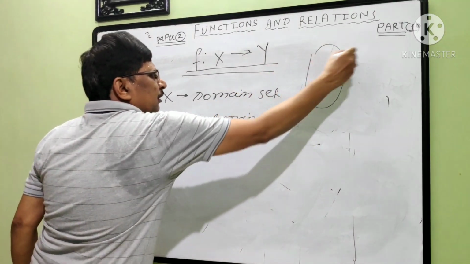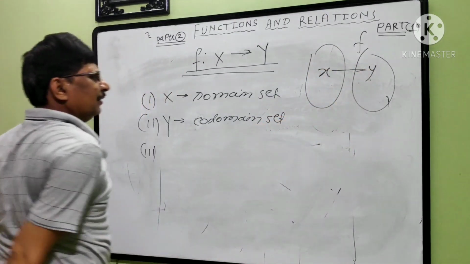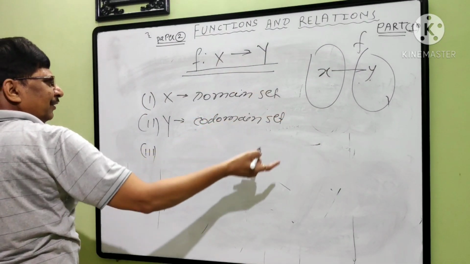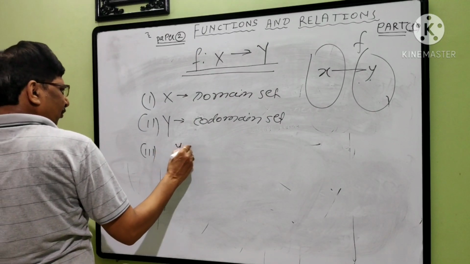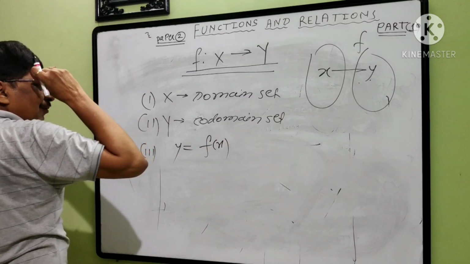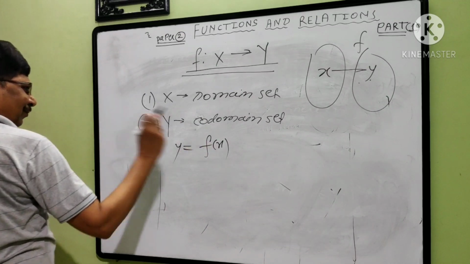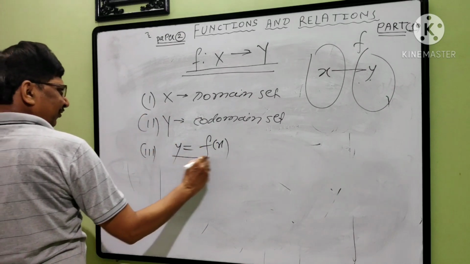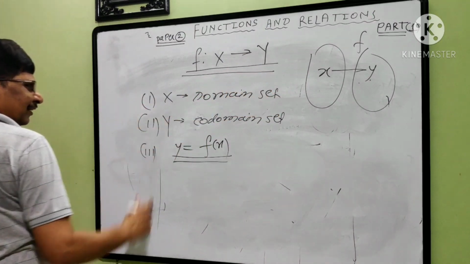Now suppose this X is related to Y, means if Y is related to X, then it is denoted like this, y equals f of x. Means what? For X there exists a unique Y. Means if Y is related to X, write like this.